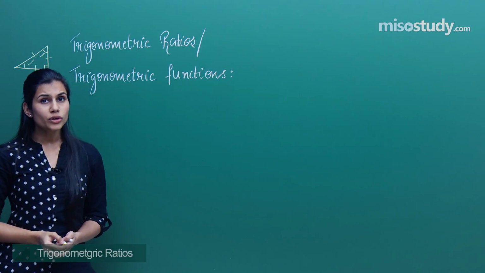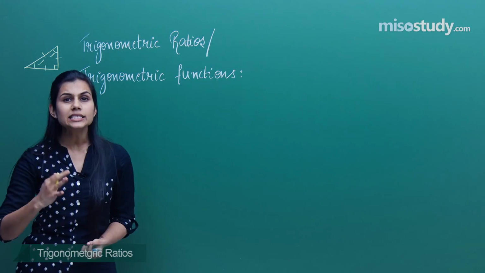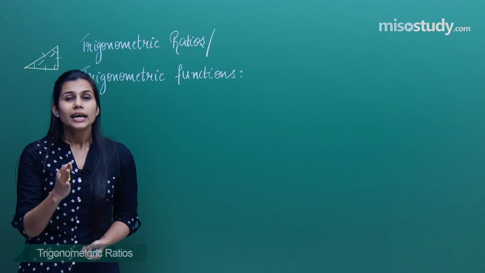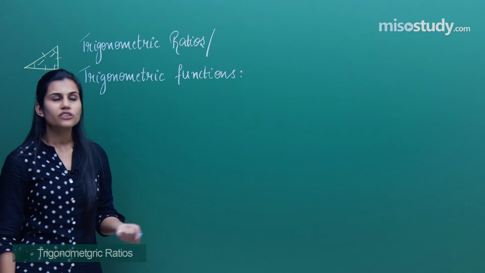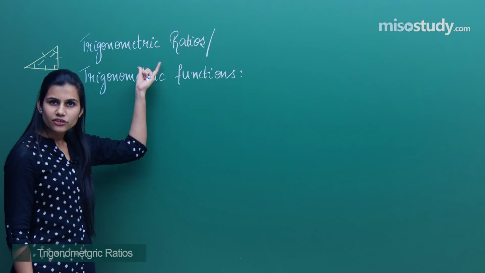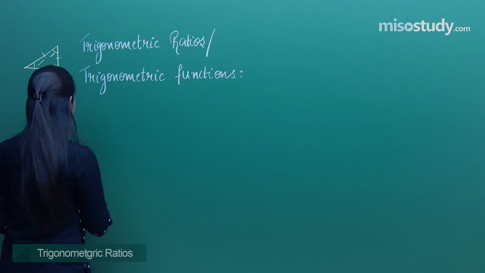What we are going to do is pick up a right triangle and define certain ratios in accordance with the sides of this right triangle, and those ratios will be called trigonometric ratios. Let's write the definition and get ahead with it.